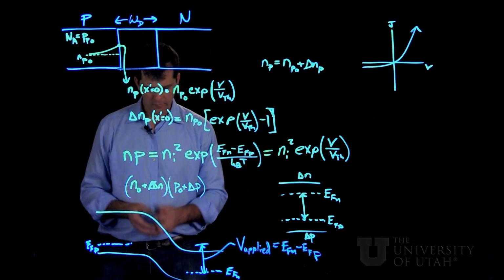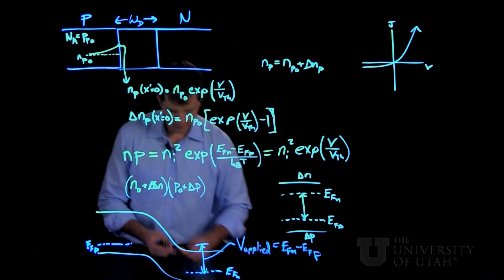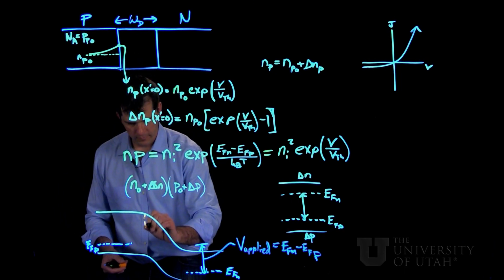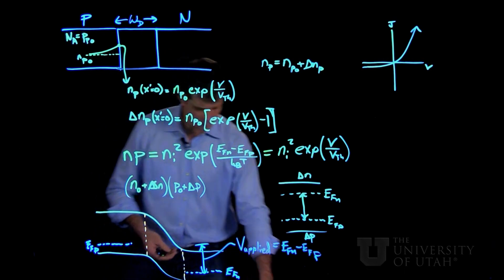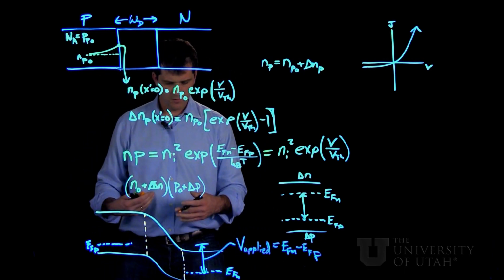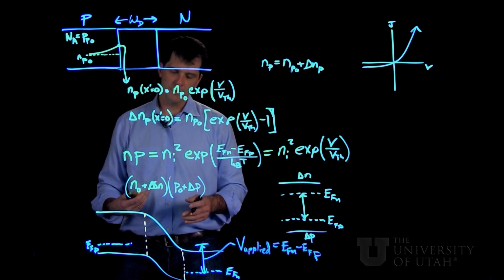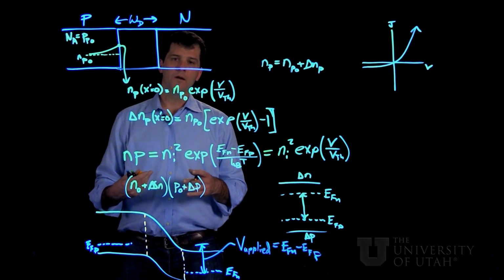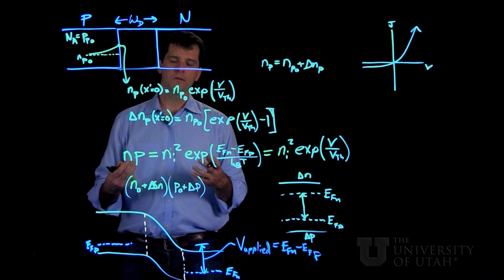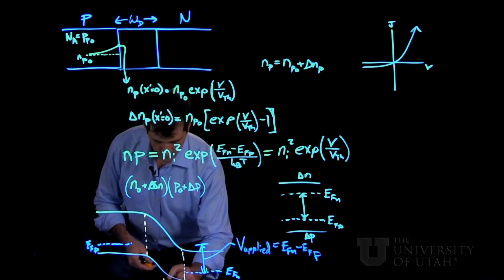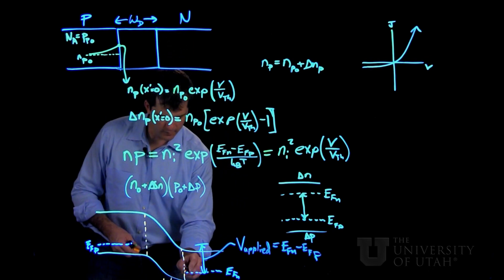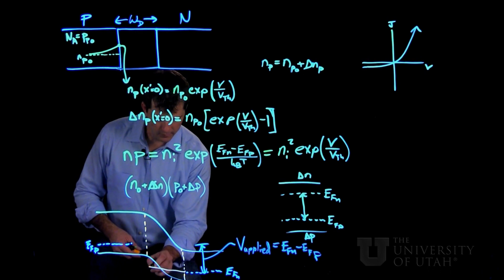Now, what happens to these quasi-Fermi levels inside the depletion width and then just outside it? Well, our assumption that the carriers do not disappear or recombine inside the depletion width means that the quasi-Fermi levels should be constant.